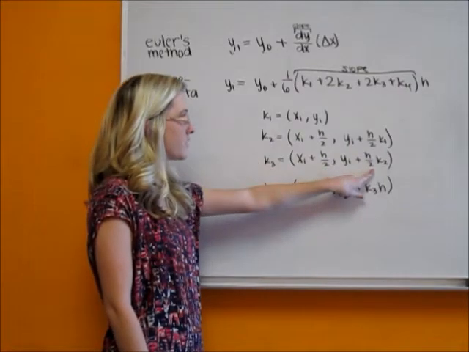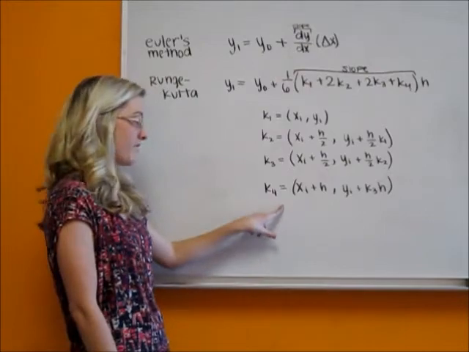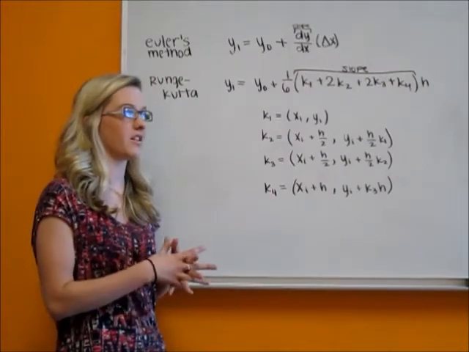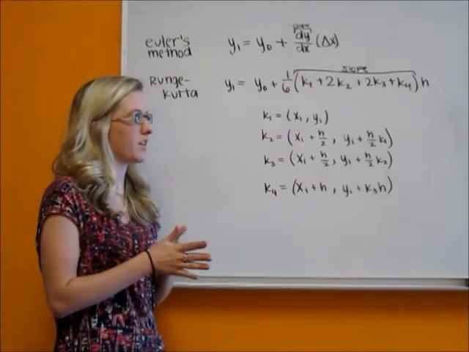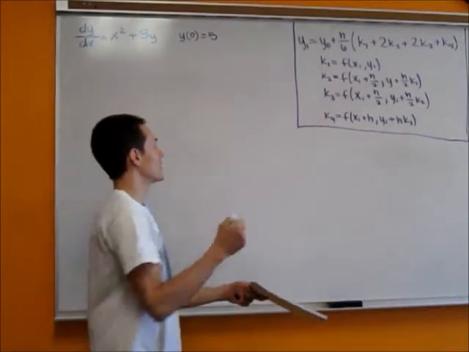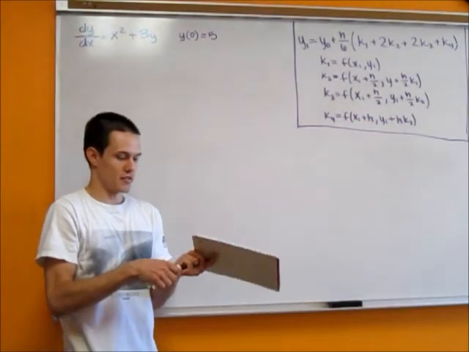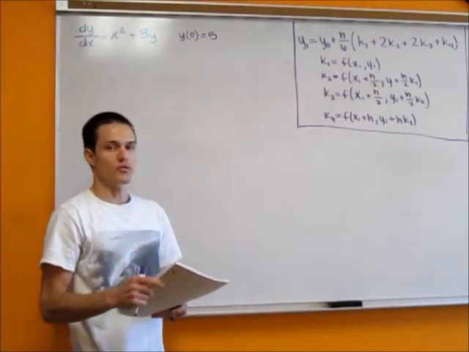And then this one uses k2 to find k3. This one uses k3 to find k4, so they build off each other, and that's how it can be really accurate.